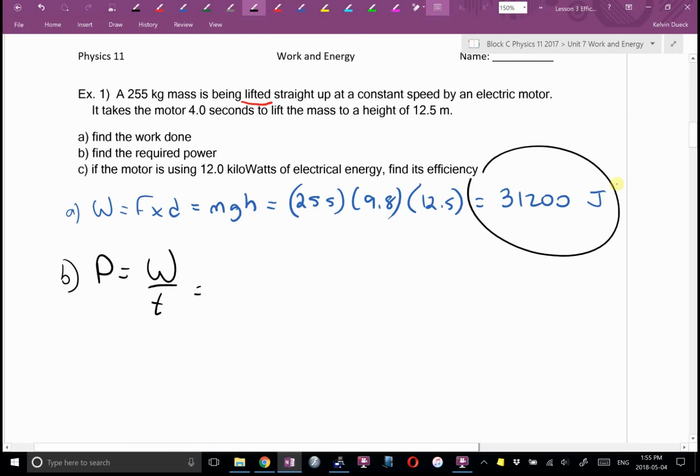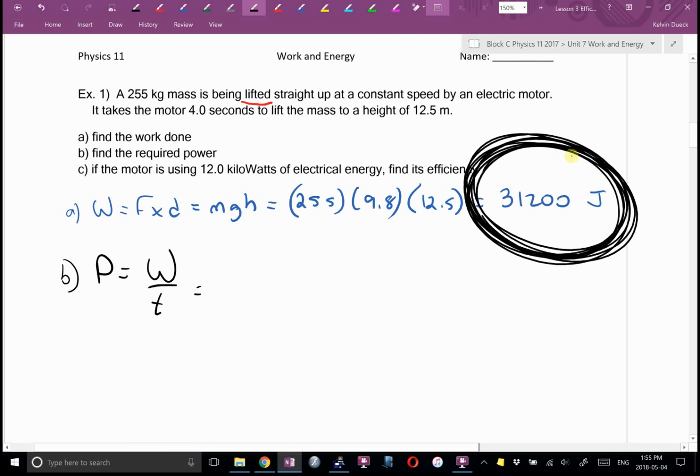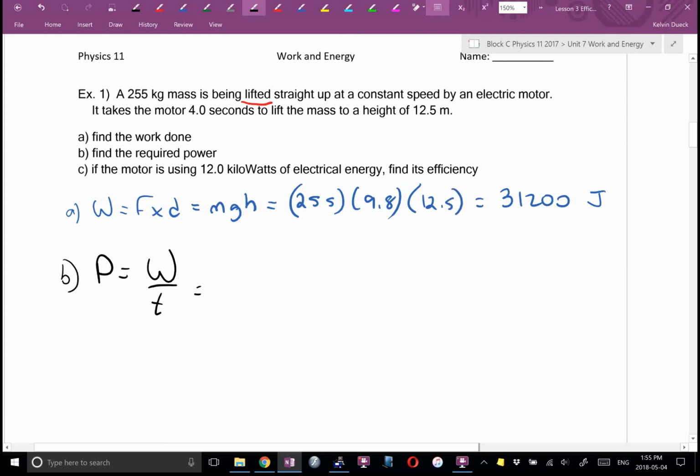And Oliver, my friend, how much work? Look up. Our answer from A, which I have on my calculator. I'm going to write 31,200, but you know I'm using my answer button. Yes? And Oliver, read the question. How much time? 4.0. Yeah, 4. Yep. It's pretty fast.